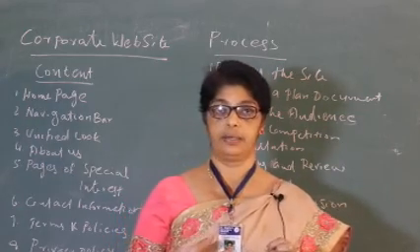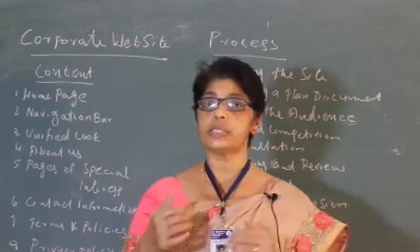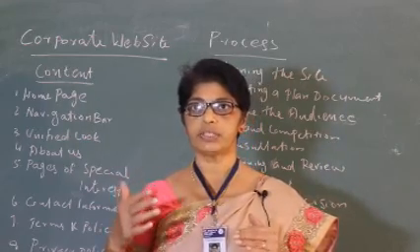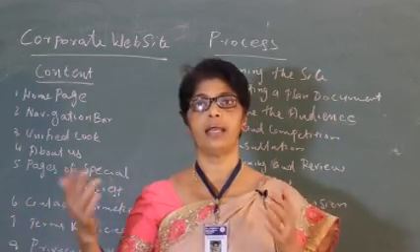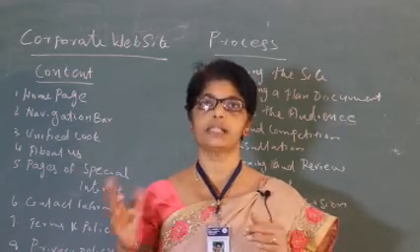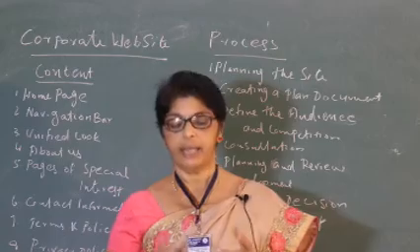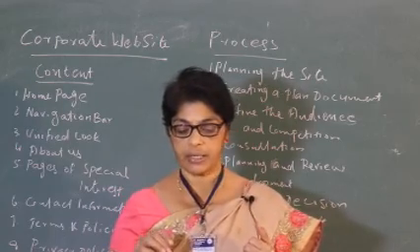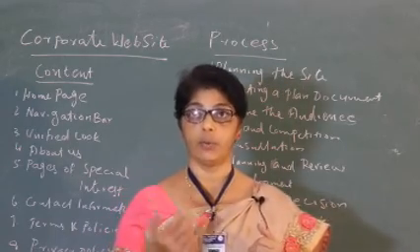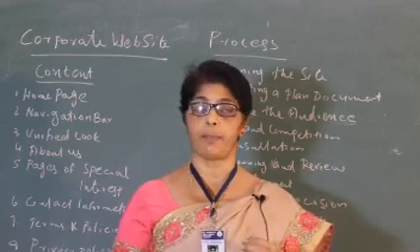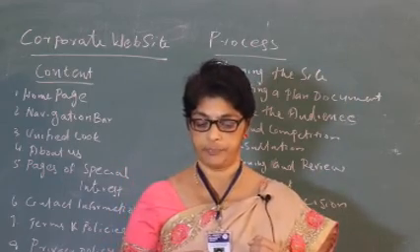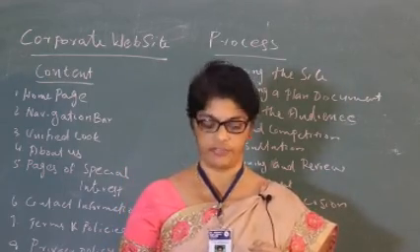Then the news section. In the news section, current events and events that have occurred will be disclosed. Next one, the investor section. In the investor section, we give a detailed description of the key owners and the investors of the company.